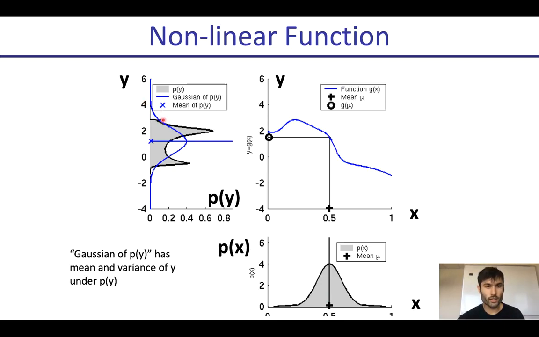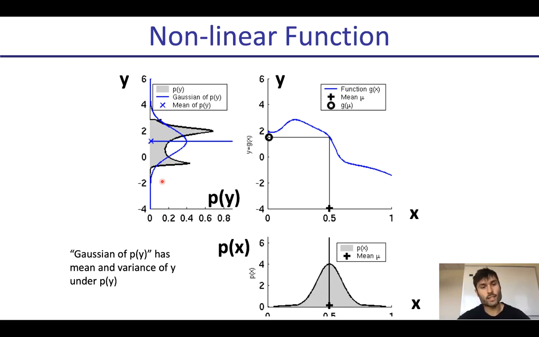Here, the blue curve is the Gaussian that most closely matches the distribution P of y, the gray one. In order to find this Gaussian, we minimize some distance between a Gaussian with parameters mu and sigma and the distribution P of y.